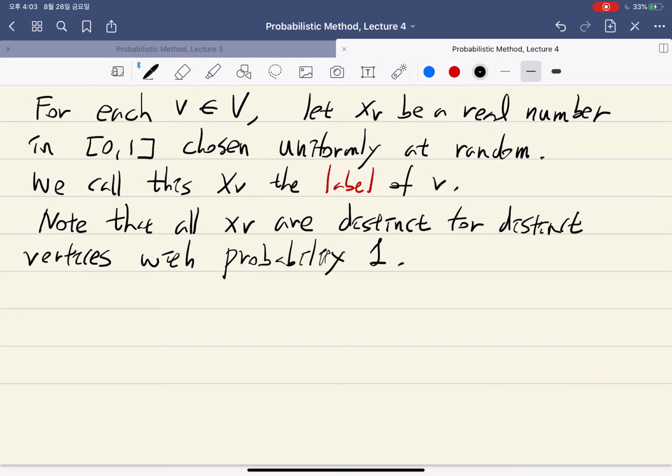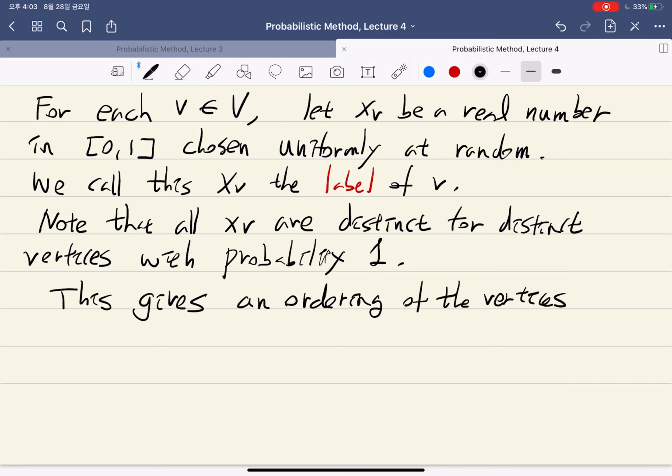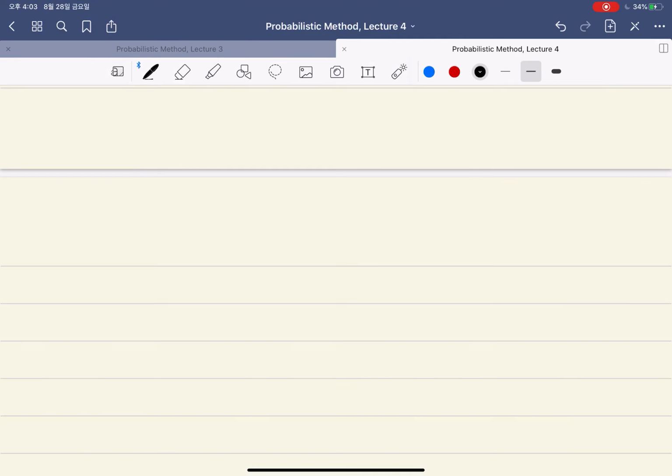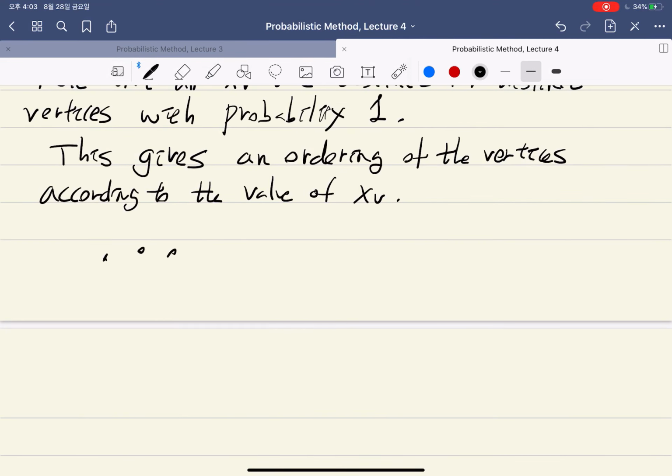Why do we give this label? We want to obtain this ordering. According to the value of x_v, we get an ordering. For example, if V has 0.1, W has 0.2, and U has 0.15, then we get the ordering V, U, W, that is, 0.1, 0.15, 0.2.